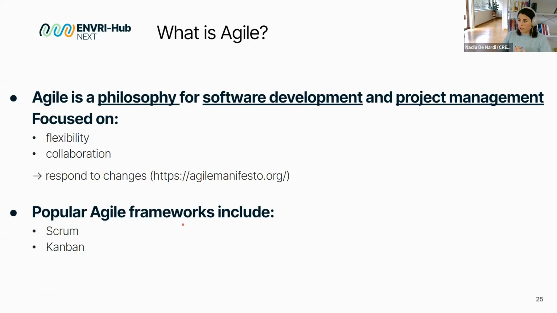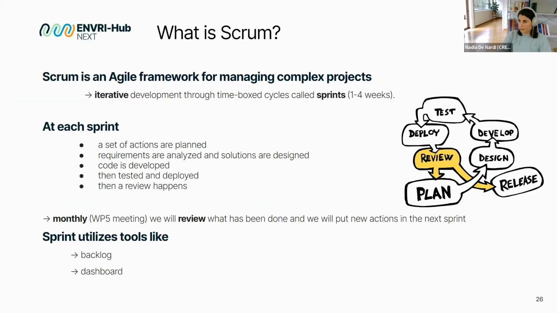Popular Agile frameworks include Scrum and Kanban. We will use Scrum, which leverages the sprint technique, okay? So Agile is based on sprints. What are sprints? They are iterative development time-boxed cycles, okay? And for us, they last 4 weeks.